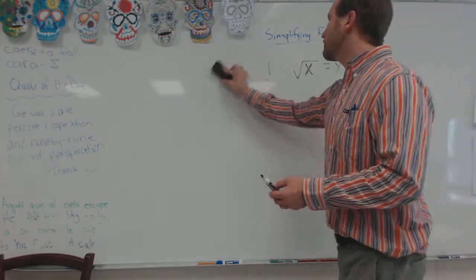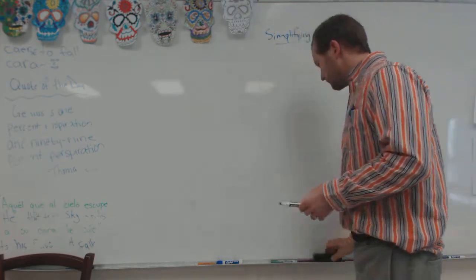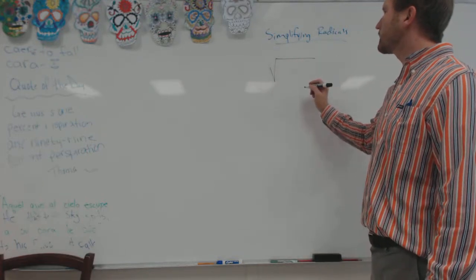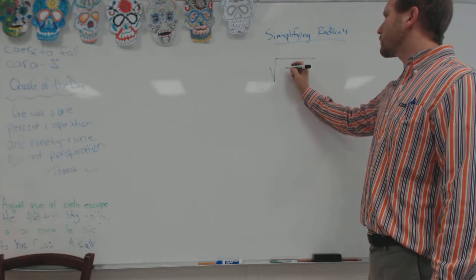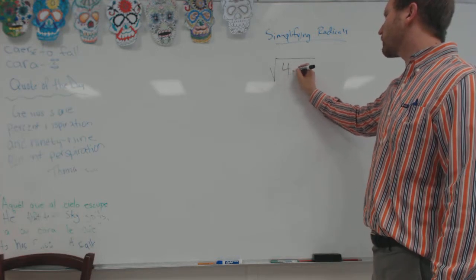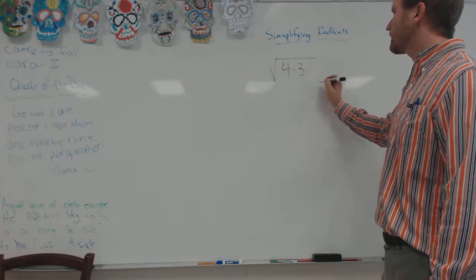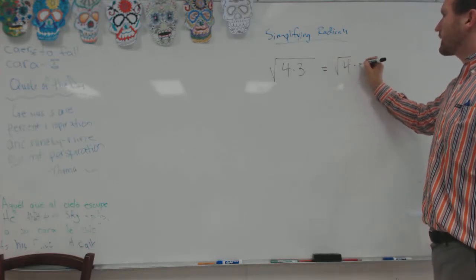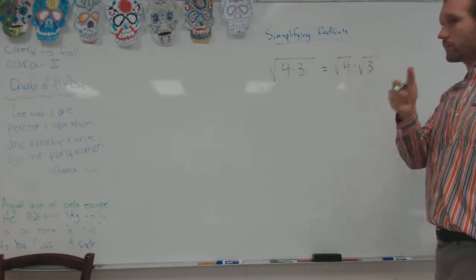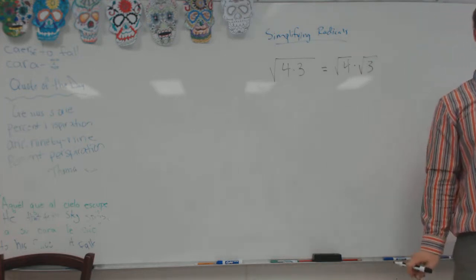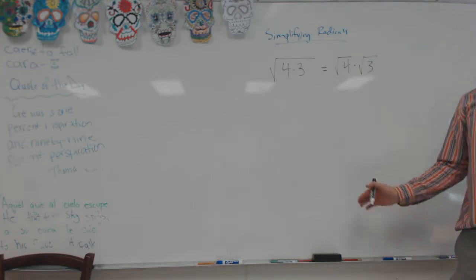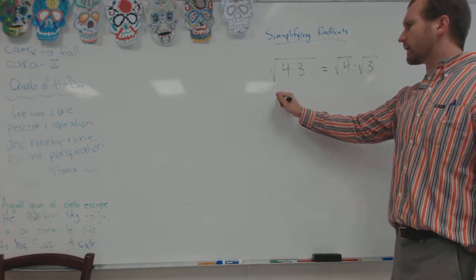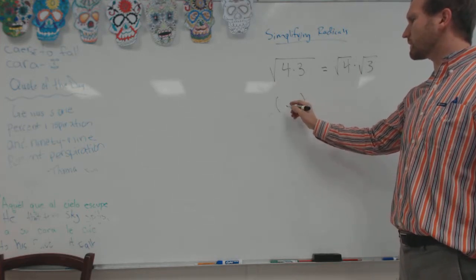So here's another rule. If I have the square root of two numbers like 4 times 3, that's the same thing as the square root of 4 times the square root of 3. And this might not look like an exponent rule, but it is a lot like one.